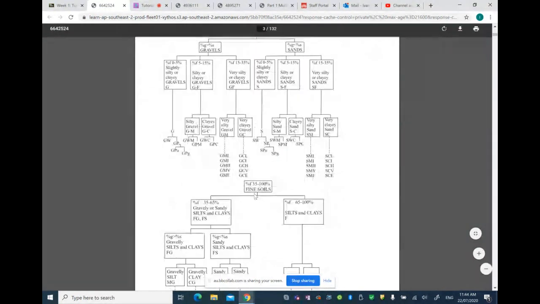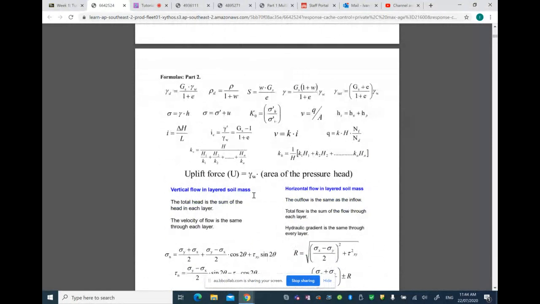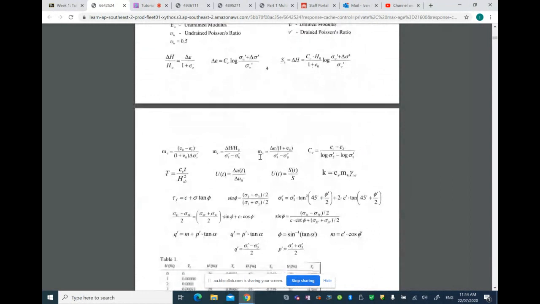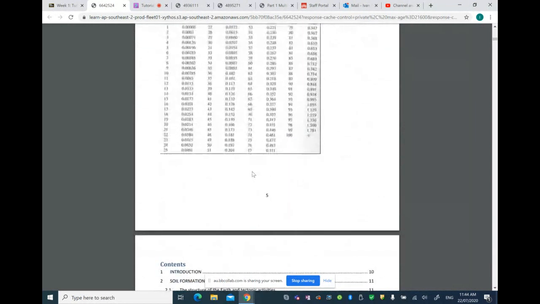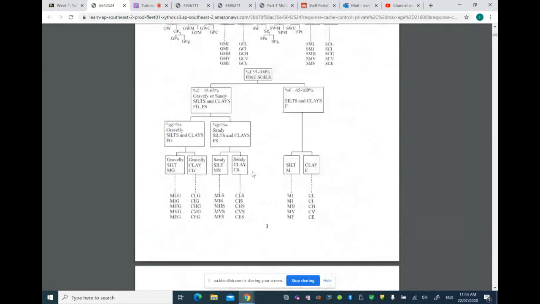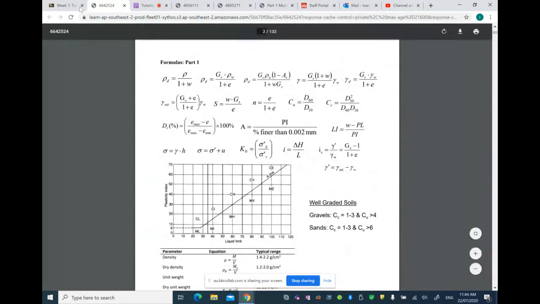This is what we're going to use later to classify soil. This is part 2, when we start talking about water, stresses, water flow, shear strength and consolidation. This is for the second part of the course, I think from week 6 or 7. What you need to use now is these first 2 pages.